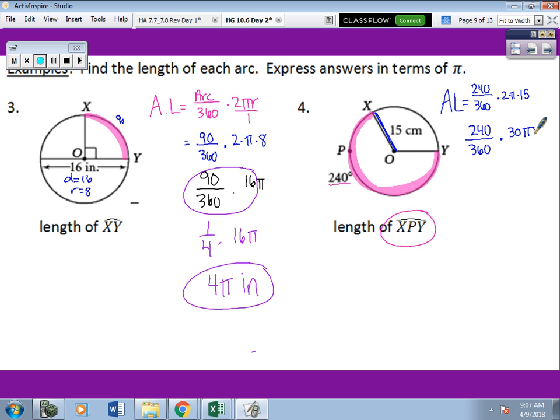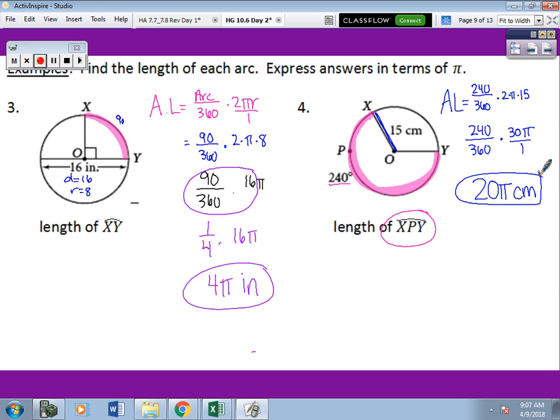What do I get when I multiply the fraction and the whole number together and simplify? Right. 20 pi centimeters. Now, if they ask you to round to the nearest tenth, then you would actually type in the pi key on your calculator and evaluate what 20 pi is.